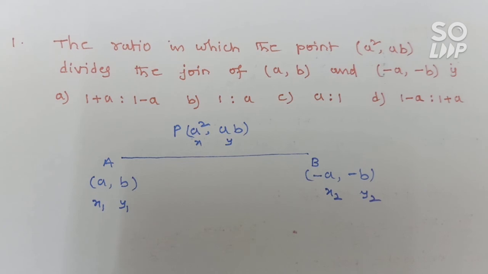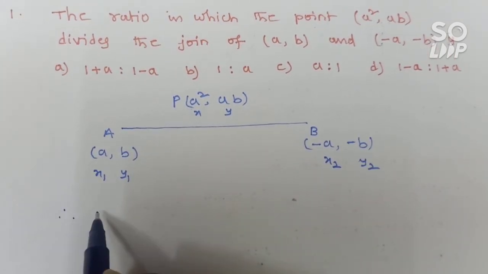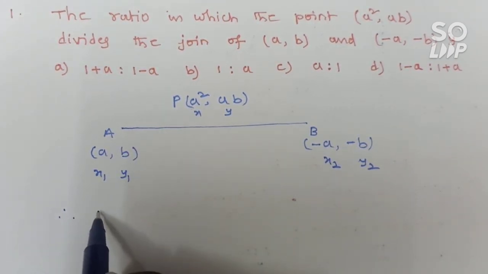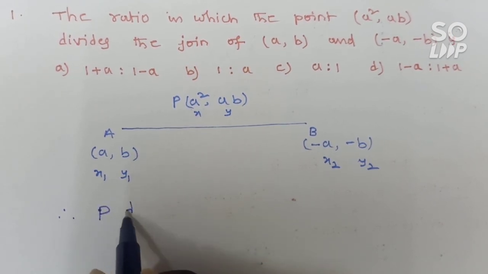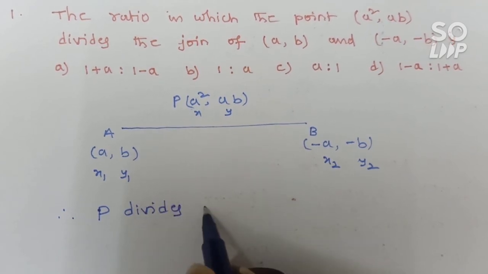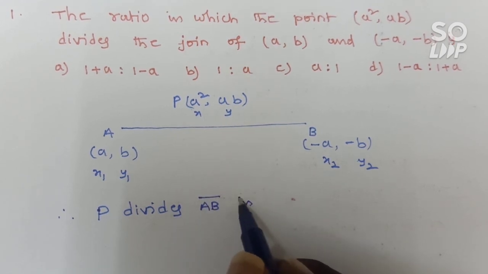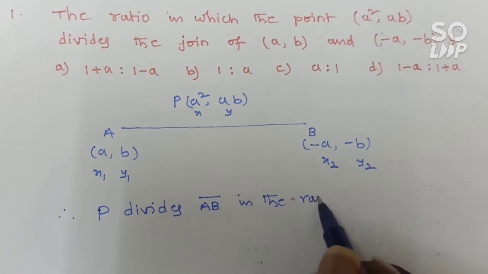So what is the formula? Therefore the required ratio: P divides AB in the ratio.